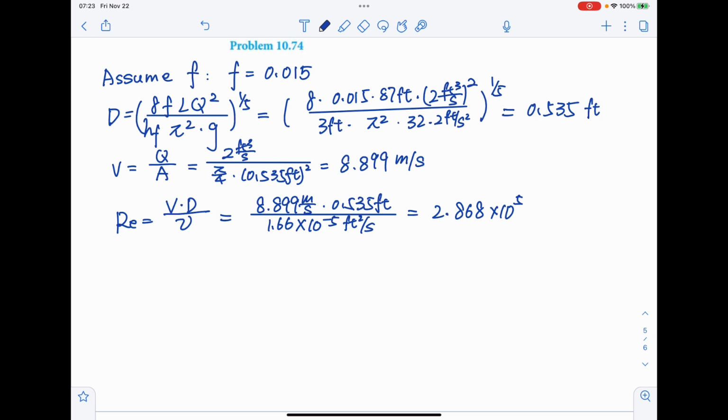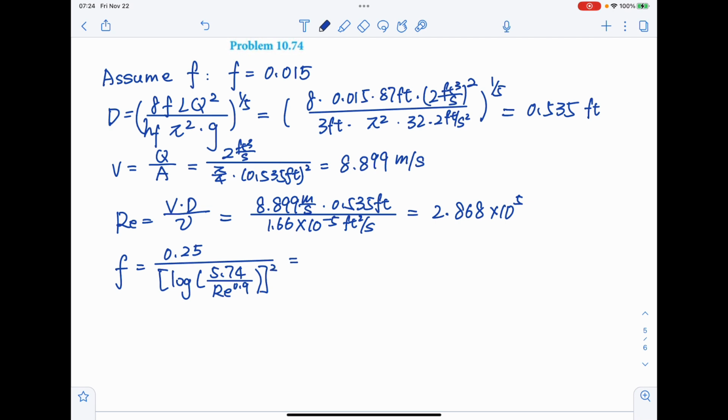And we have the Reynolds number. We can use the formula for friction factor for smooth pipe in the fully turbulent state. So 0.25 over log 10 of 5.74 over Reynolds number to the power of 0.9, and the entire thing to the power of 2.